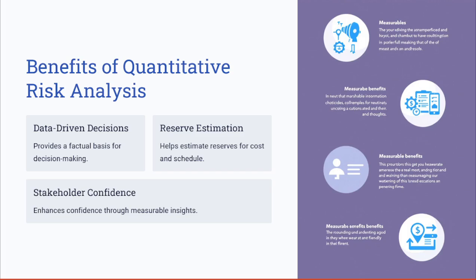This analysis also helps to estimate cost and schedule in terms of risks when doing contingency reserve planning for the cost and schedule reserves, ensuring that the project is better prepared for uncertainties. Additionally, it provides measurable insights gained from the quantitative techniques, which build stakeholder confidence, as they demonstrate a thorough and systematic approach to managing risks.